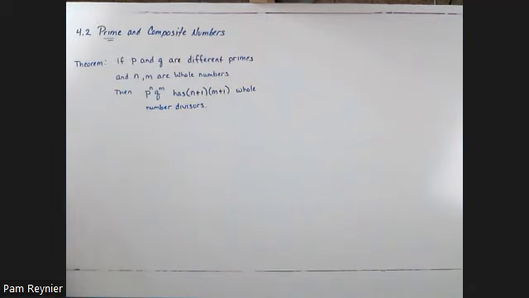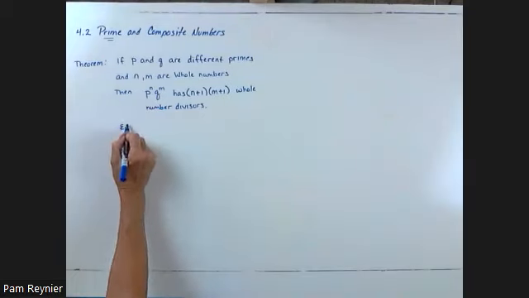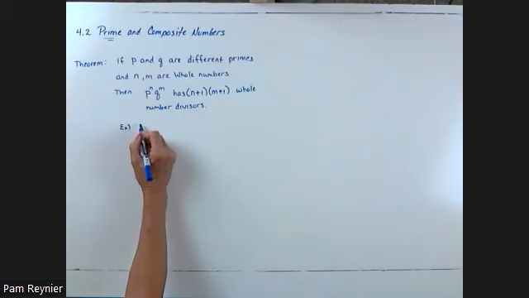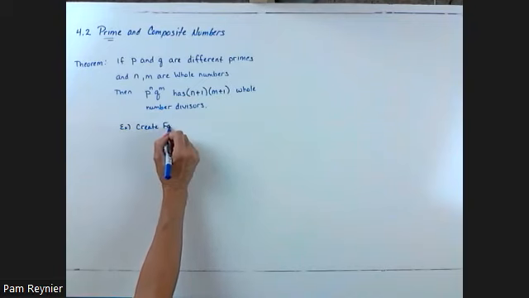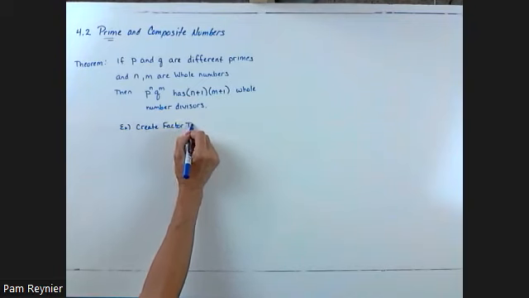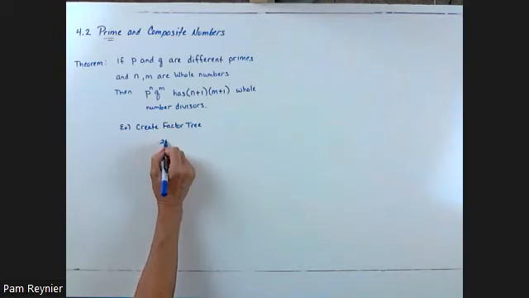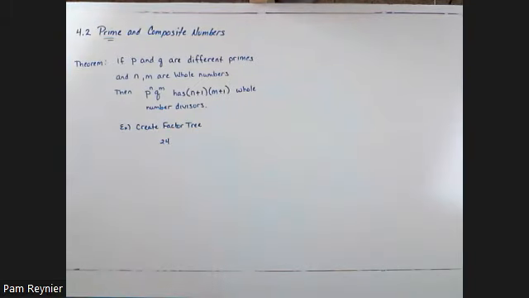So let's take a look at this, okay? Let's say, for example, I ask you to create a factor tree for the number 24. And we want prime factors that go into 24.